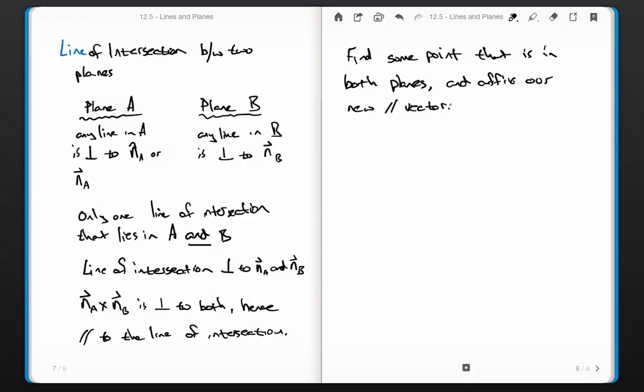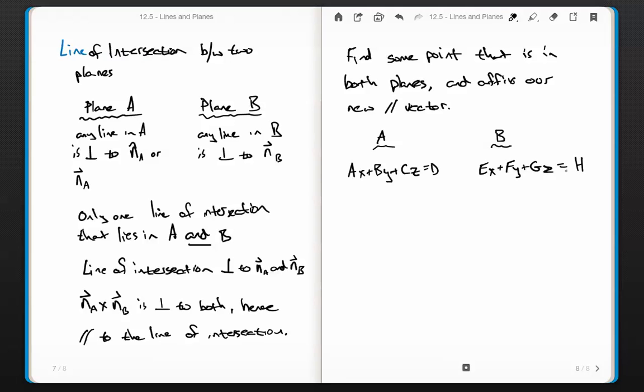So how do we do that? Well, I could say that my plane A again is ax plus by plus cz equals d. And I could say that plane B is ex plus fy plus gz equals h.